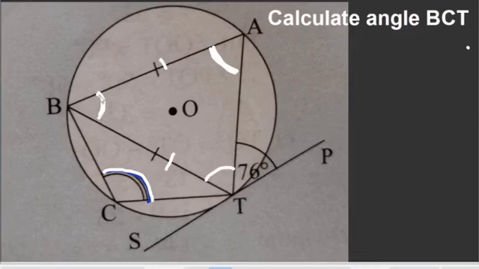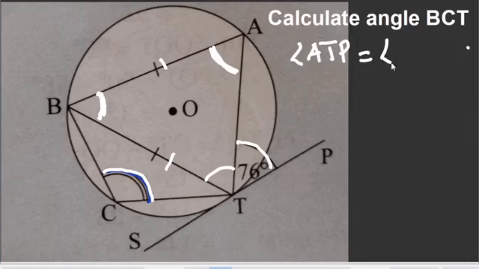This is the alternate segment. Angle B and angle ATP are equal. So angle ATP, this angle right here, is equal to angle ABT.